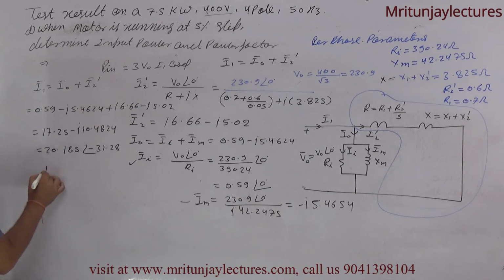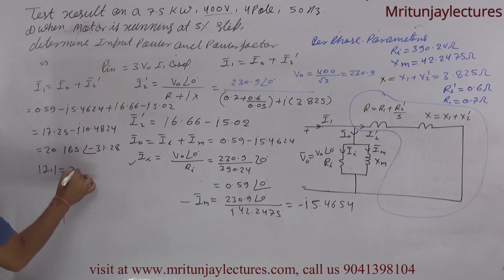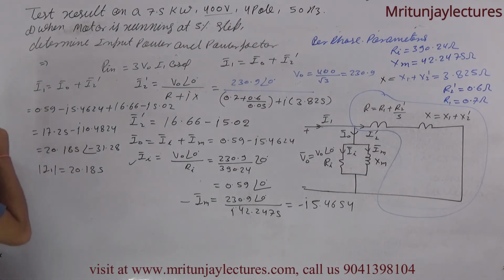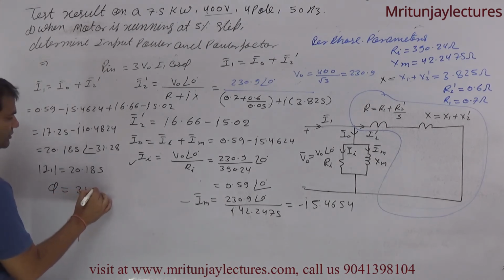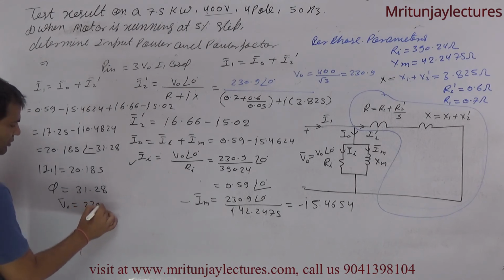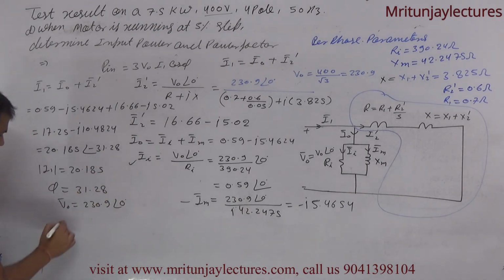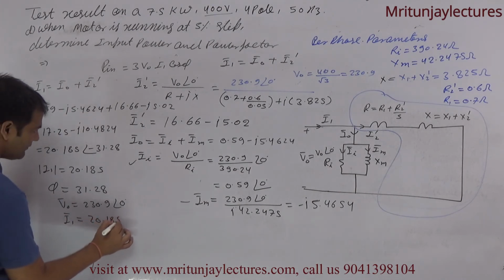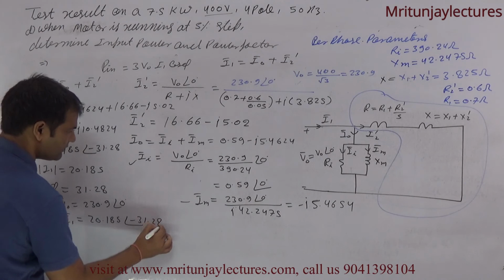So what about I1 magnitude wise? 20.185. And what about the angle? Phi is 31.28. Of course, V0 is 230.9 at the angle 0 degree, and I1 is 20.185 at the angle minus 31.28.